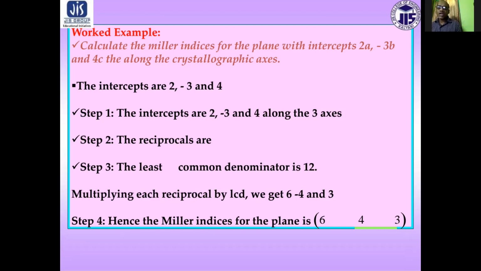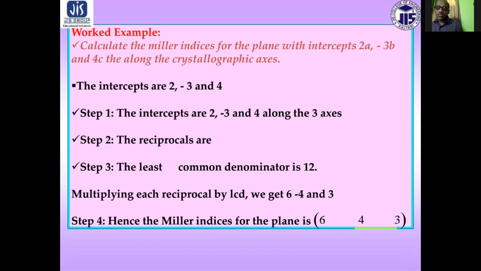Now step 1, the intercepts are taken: 2, minus 3 and 4 along the three axes. Step 2, the reciprocals are 1 by 2, 1 by minus 3 and 1 by 4 respectively.